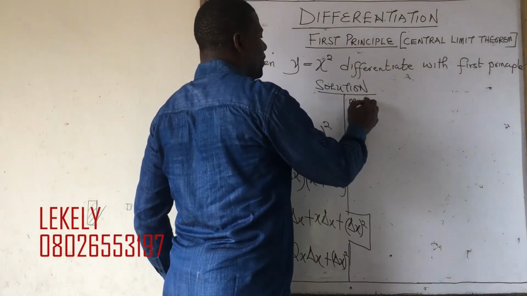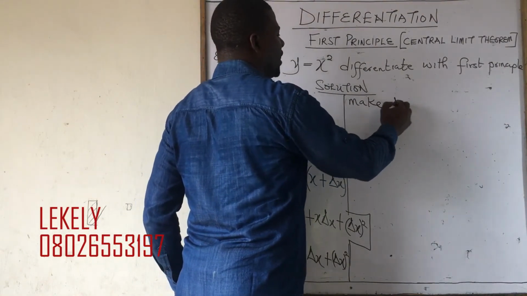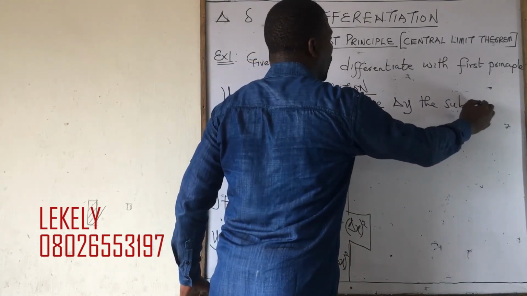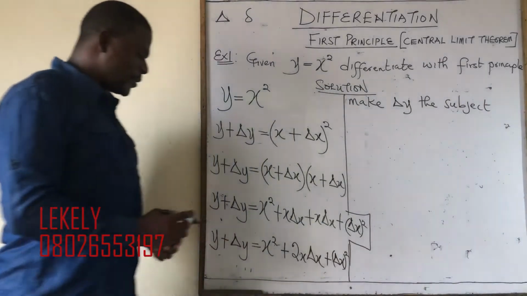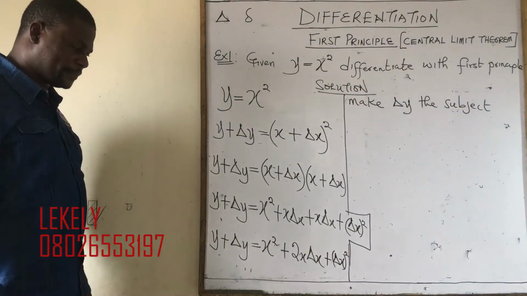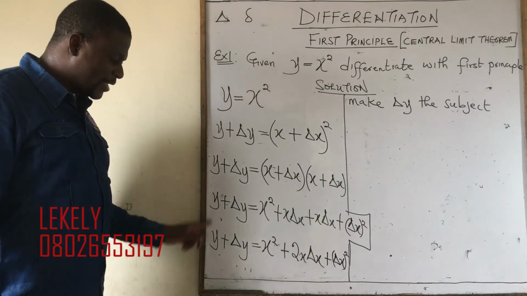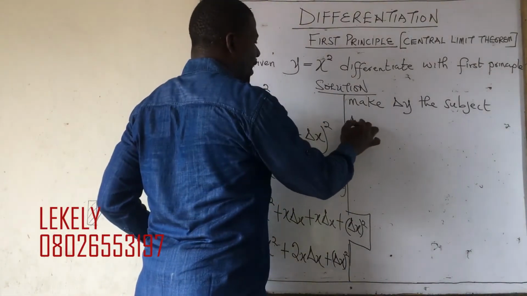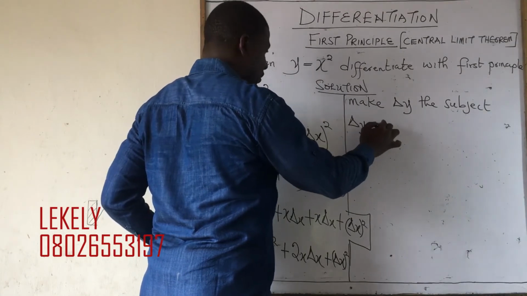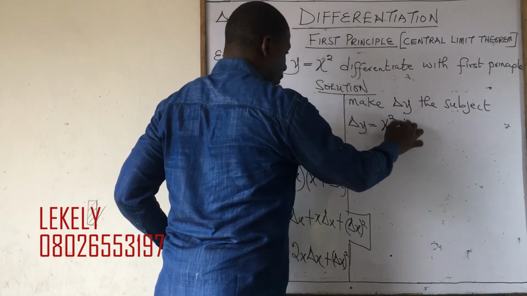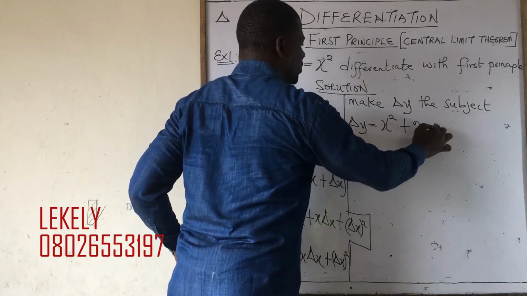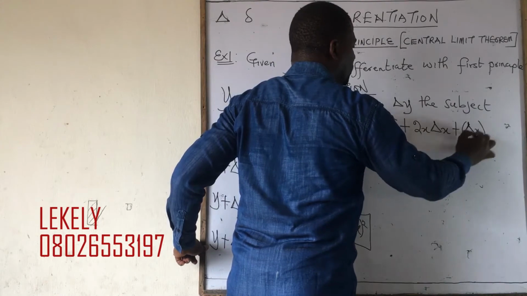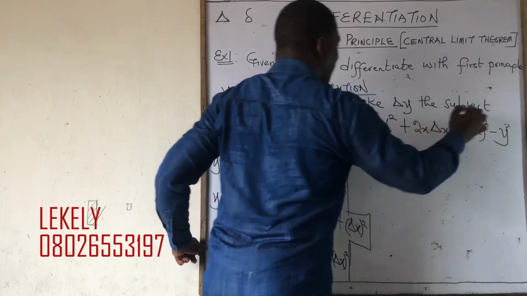So I can say make change in y the subject. So when you make change in y the subject, that means this y is going to the other side. So I'm now going to have change in y equals x squared plus 2x change in x plus change in x all squared minus y.